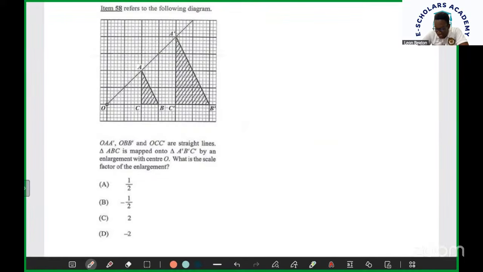Triangle ABC is mapped onto triangle A'B'C' by an enlargement with center O. What is the scale factor of the enlargement?